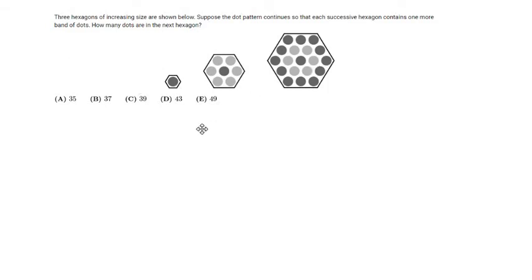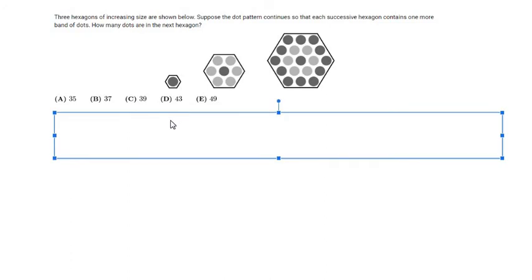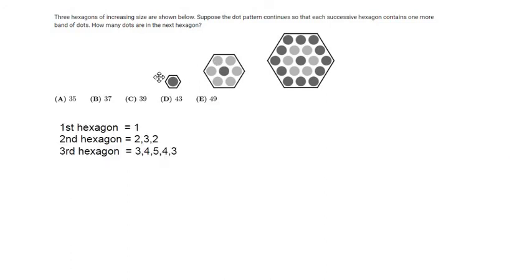Okay, so to continue this dot pattern, first let's try to find a pattern here. One thing we can find is that the first hexagon has only 1 row with 1 dot. The second hexagon has 3 rows which are 2 dots, 3 dots, and 2 dots at the bottom. And the third hexagon has 3, 4, 5, 4, 3. Now you can probably see the pattern here.